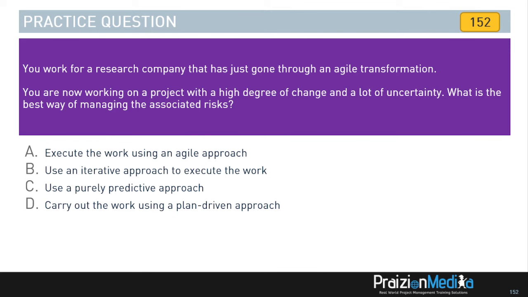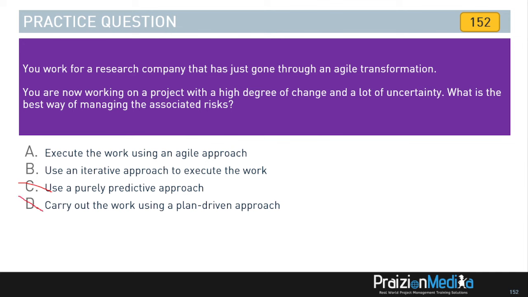Okay, so I am about to reveal the answer. There are two things at play here. Change, uncertainty. The best way to manage change and uncertainty is to not use a predictive approach, which will cancel option C. It is the same as a plan-driven approach.